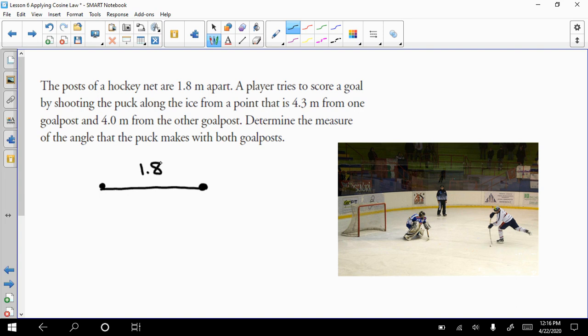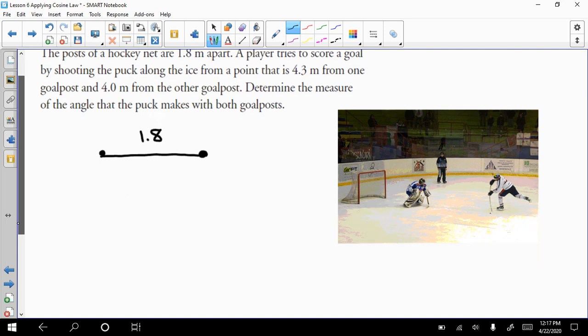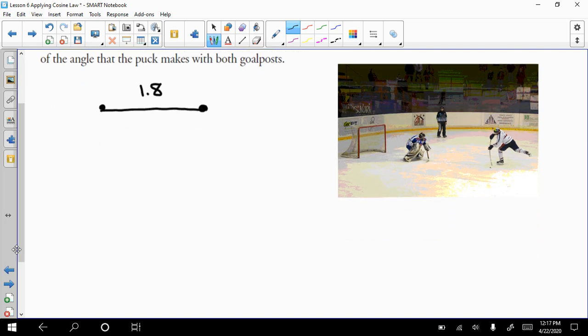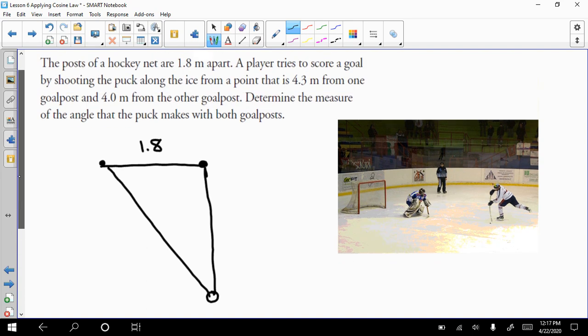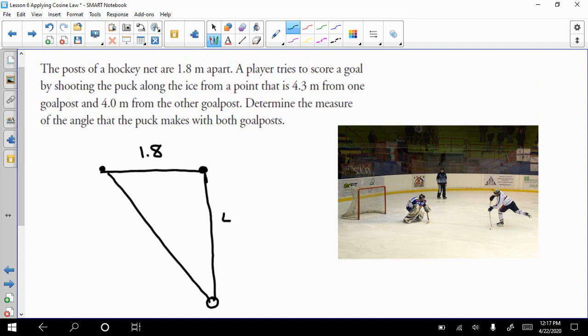Okay, so look at this. You can kind of imagine this, and the picture over at the side gives you an idea. If the guy is shooting the puck, and the puck is right here, and I know my triangle isn't to scale, he could be 4 meters from this post, which is shorter, and 4.3 meters from this post.